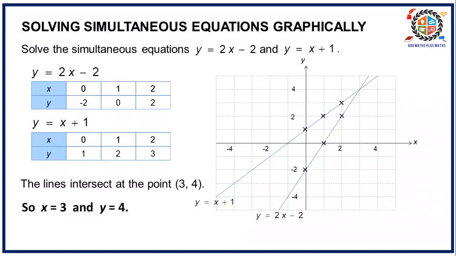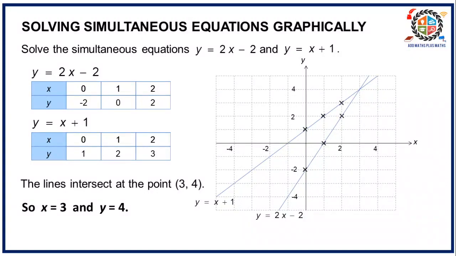As easy as this. There's no need for us to solve anymore as long as you see the intersection point. The intersection point will determine the solution of the simultaneous equation: the x coordinate will be the solution for x, and the y coordinate will be the solution for y.